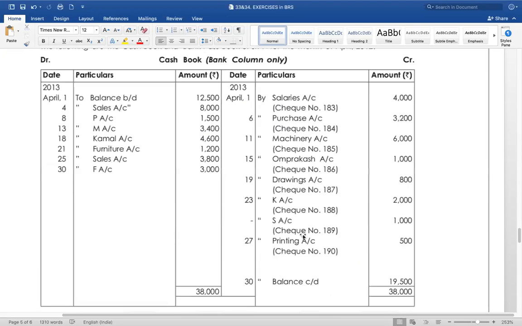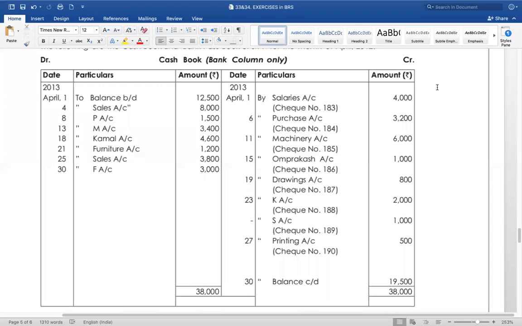And the opposite is in the cash book. Every time you deposit money, any increase in the balance of your account is recorded on the debit side. And every time you pay money, or there is any reduction in the cash balance, it is recorded on the credit side.